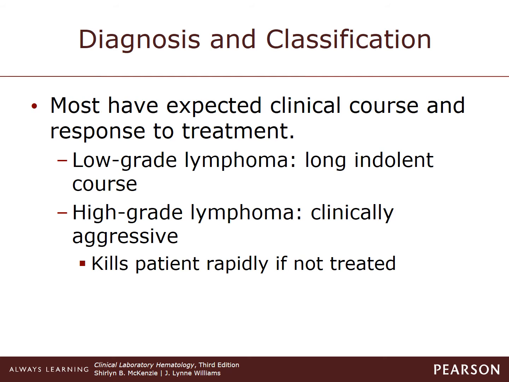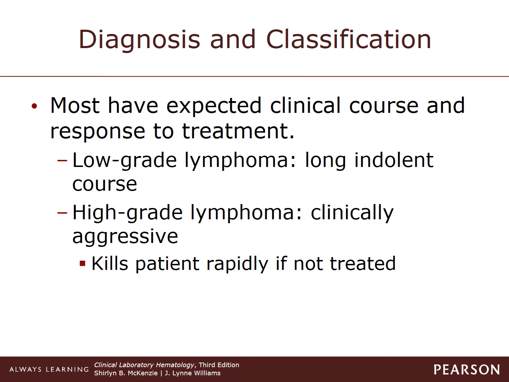Once a diagnosis of lymphoid neoplasm has been made, classification is needed to guide therapy and provide prognostic information. The WHO scheme classifies it into a disease entity that has similar morphological, phenotypic, and genotypic features. Certain types of these diseases have a long clinical course and are often referred to as low-grade lymphomas.